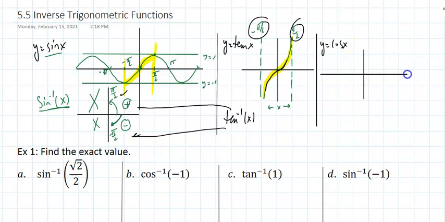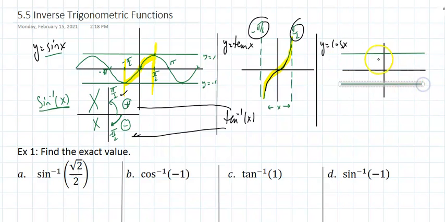A cosine wave, if I was able to restrict it between quadrant 1 and 4, positive and negative rotation, this wouldn't be that bad. If I sketch a graph, I know this is pi over 2, this is pi, this is 3 pi over 2, and so on, and this is negative pi over 2.